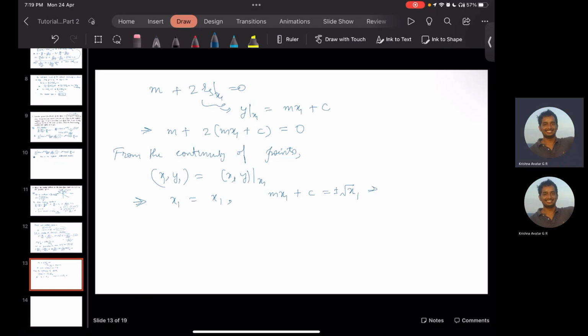Okay, so upon squaring this, what we have here is mx1 plus c whole squared is equal to x1.